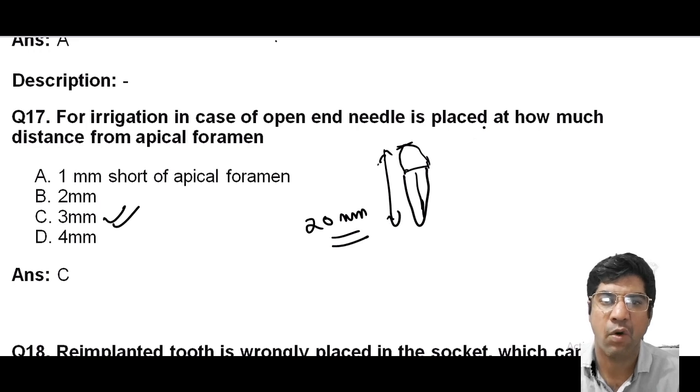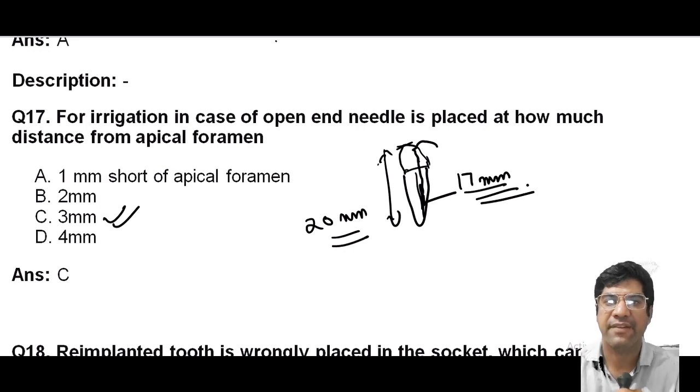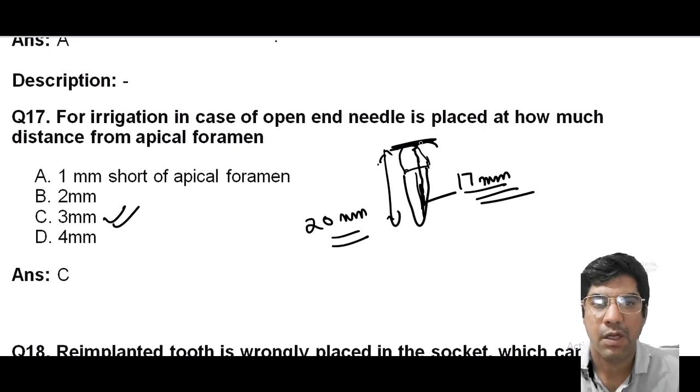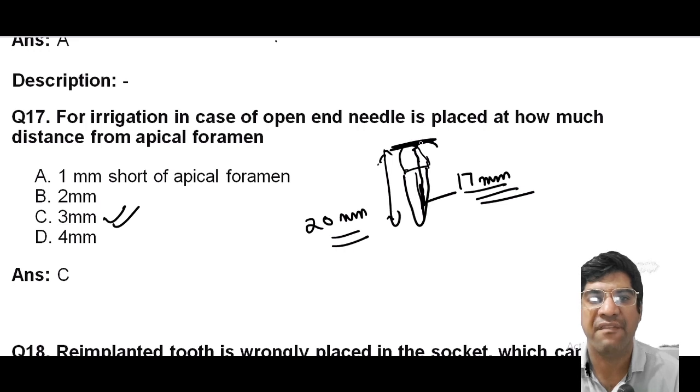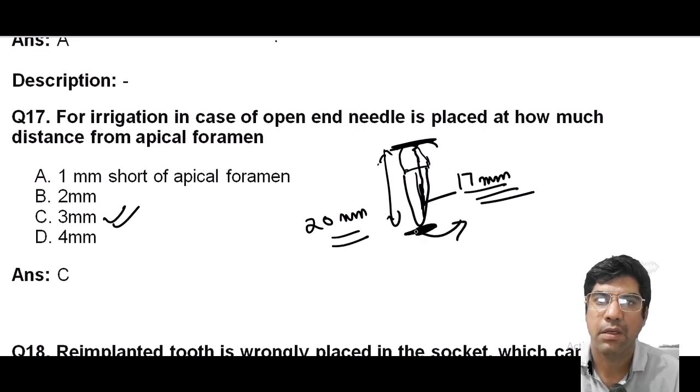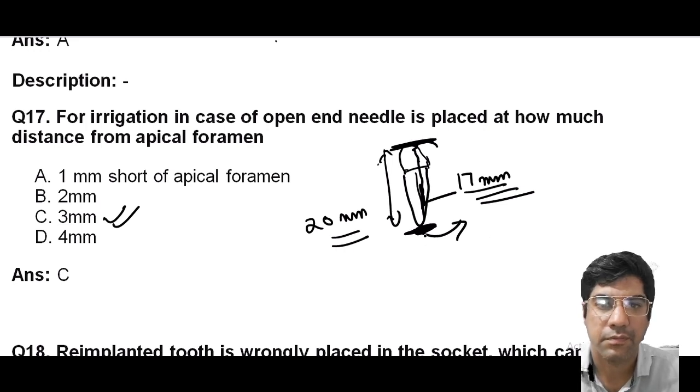In this case, the open-ended irrigation needle is inserted at a depth of 17 mm from the coronal reference point, so that this placement allows for effective irrigation without causing extrusion of the irrigants out of the canal.